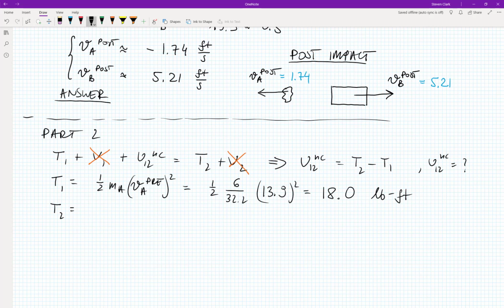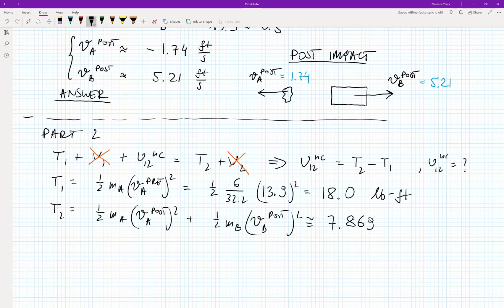When it comes to situation post-impact, you can see it in the top right corner of the board. And in here we have two bodies that have velocity. So in here we have 1/2 MA VA post squared plus 1/2 MB VB post squared. And if you plug in values and grab your calculators, you will obtain that this is approximately 7.869 pound-feet.